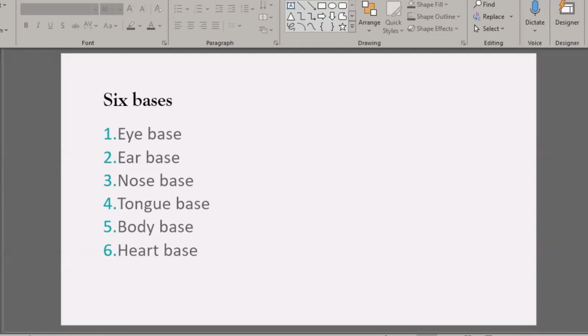But when we consider it, according to modern science, there should be a strong relation. But in the Theravada tradition, the relation between brain and mind was not addressed. It always talks about these 6 bases: eye base, ear base, nose base, tongue base, body base, and heart base.